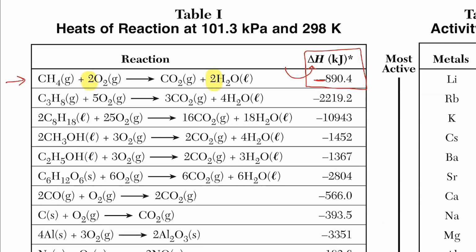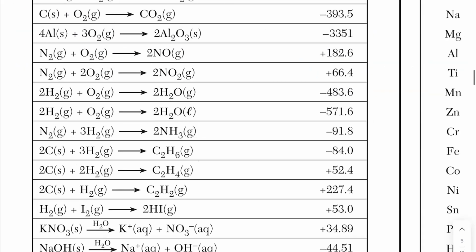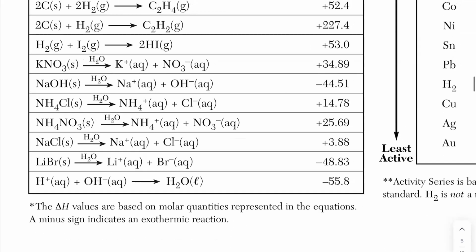So the energy is always written on the product side in exothermic reactions. So you had to know that delta H was negative there. But do you really? Because if we scroll down, they tell you that if something is exothermic, there's a minus sign.